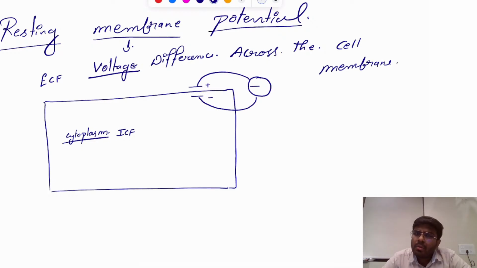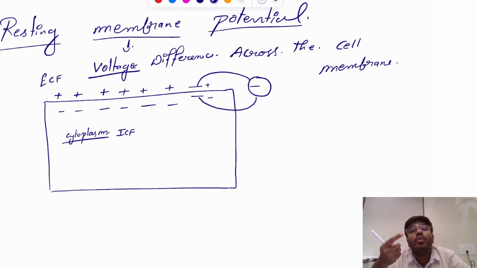Outside the cell membrane there is more positivity, and inside the cell membrane there is more negativity. So the difference in the voltage is called the resting membrane potential. My question to you is, why is there more electronegativity inside the cell compared to the outside?